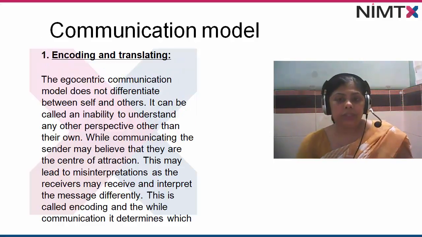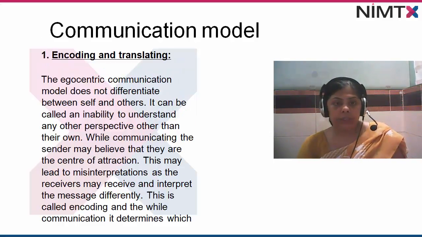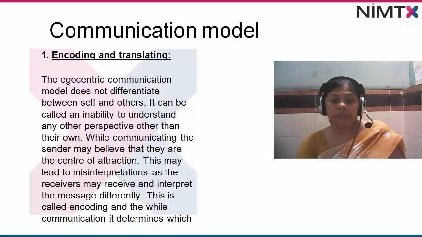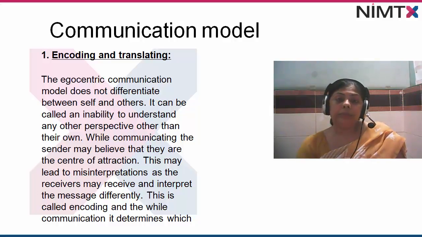These are some of the communication models here that we'll learn today. Encoding and translating. The egocentric communication model does not differentiate between self and others. It can be called an inability to understand any other perspective other than their own. While communicating, the sender may believe that they are the center of attraction.